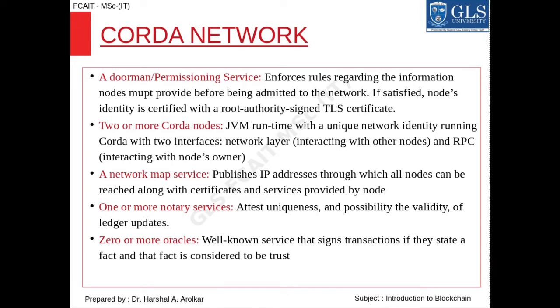Basically it runs on JVM, and it has two interfaces, one which you call the network interface, which is used to interact with the other nodes, and second which is an RPC interface, which is used to interact with the node's owner. Then we have a network map service which generally publishes the addresses through which all nodes can be reached, along with the certificates and the services that are provided by that node.